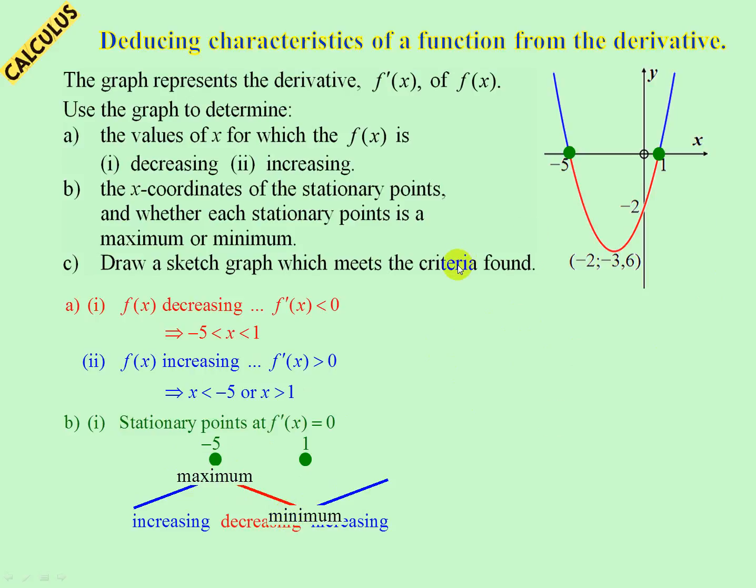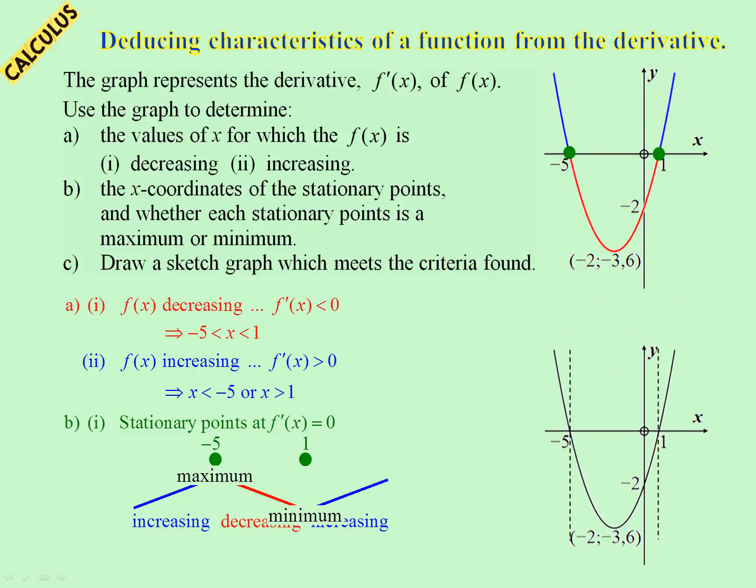Draw a sketch graph that meets the criteria found. Well, let's set it up there. There's the axes with the graph. There's a vertical line at the x-intercept, meaning this is the x value of the stationary point of the original function.